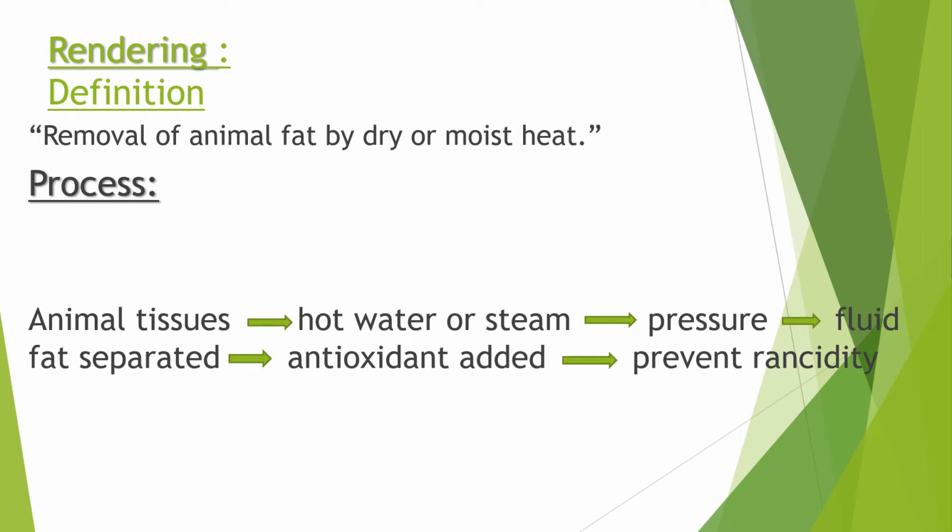This is very important to prevent rancidity at this step. Otherwise, the fat gets rancid really quickly and the quality may become bad if it has not been treated with the antioxidant.